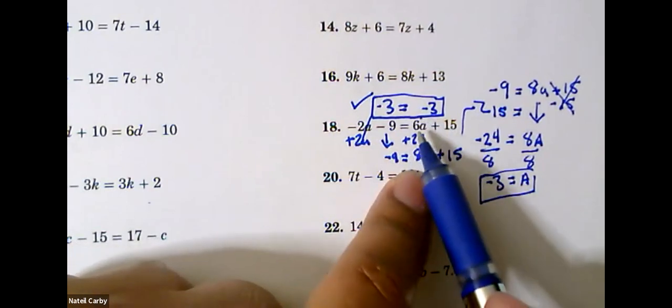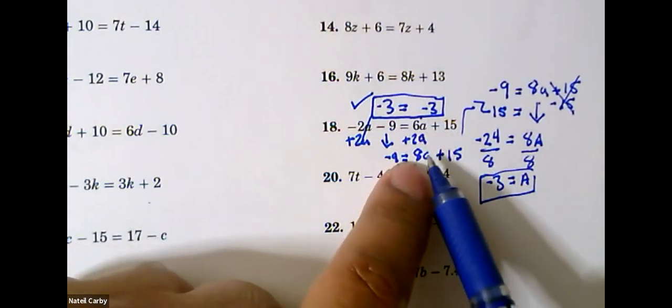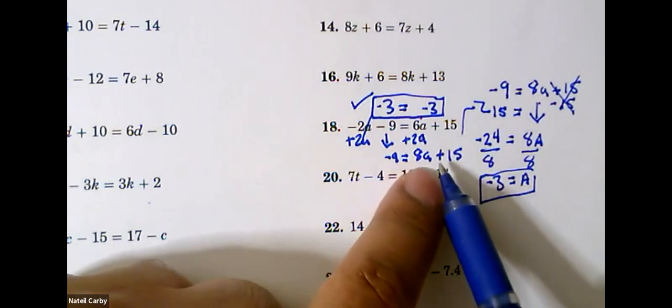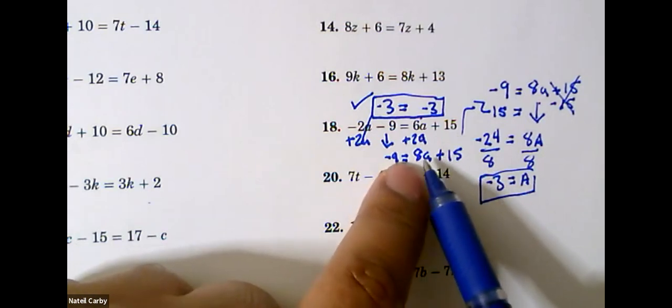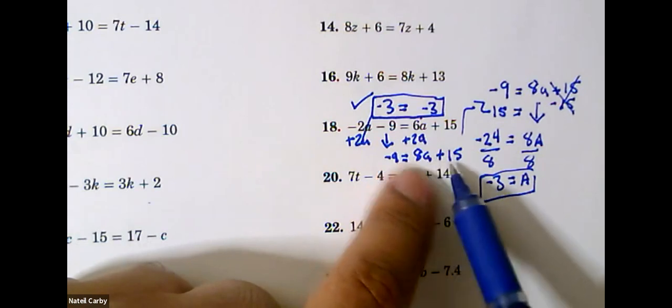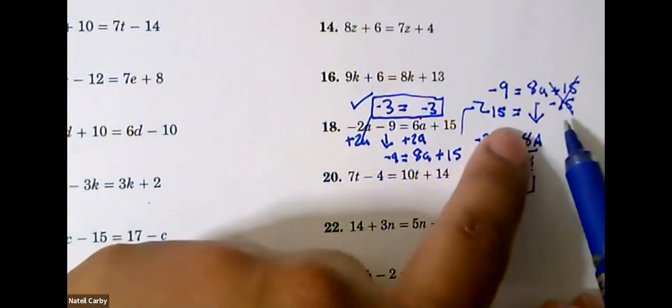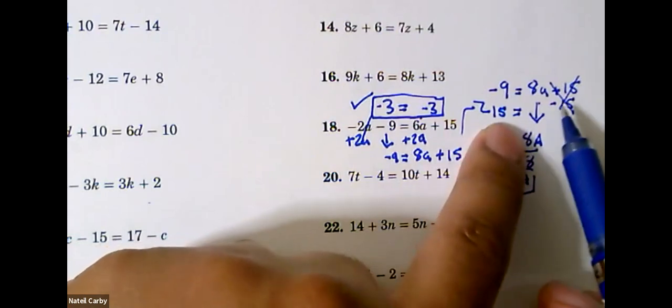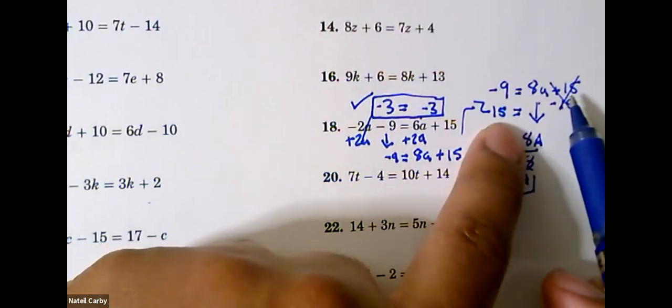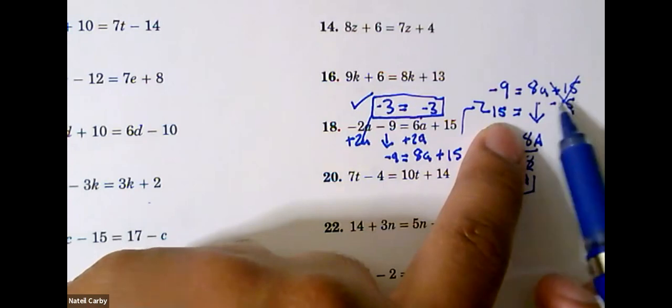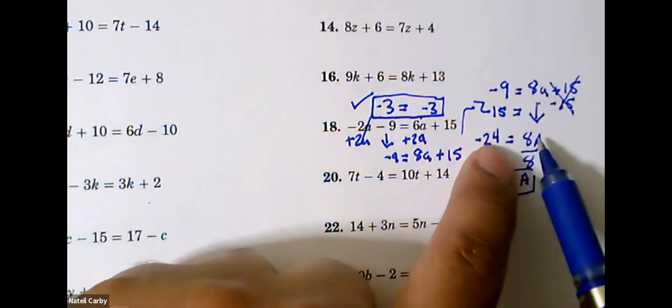When I combine my like terms, 6a and 2a, I get 8a. And I bring down Mr. Plus 15. Remember, I want to get 8a by itself. I want to isolate it. So I got to subtract 15, which is what I did over here. When I subtract 15, plus 15 minus 15 cancel. So I bring down Mr. 8a.